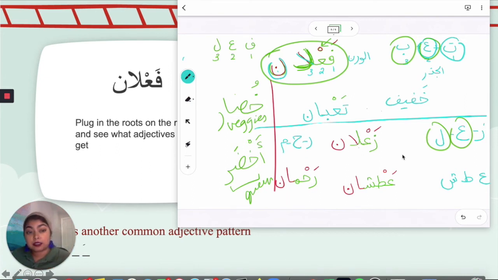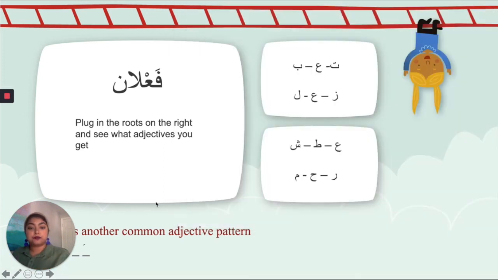It has a first letter, a fatha, then a second letter and a ya. This is probably an adjective. Khafif means light. So it's an adjective. You can figure out through context, based on the root or the pattern of the word, what that word might mean. That's why this system is very helpful.